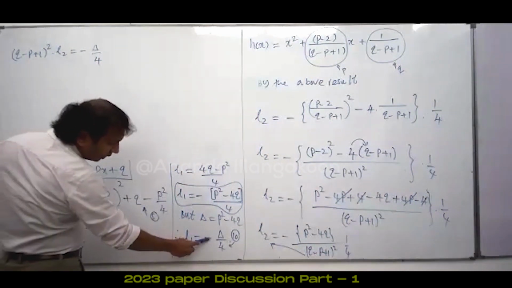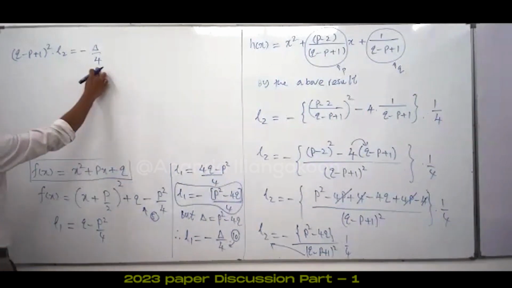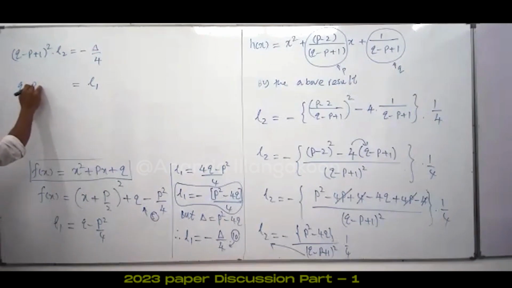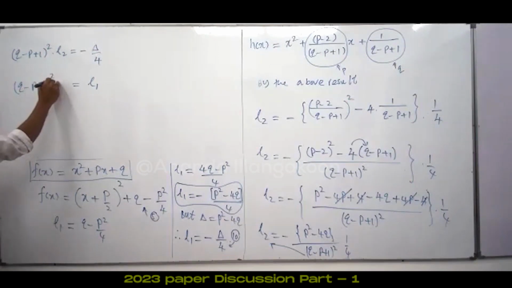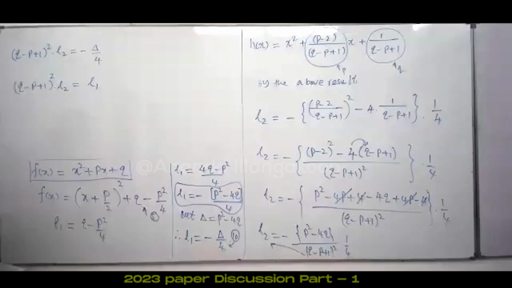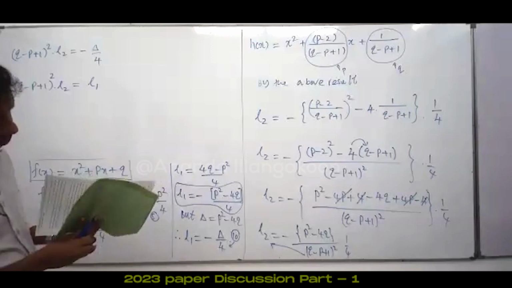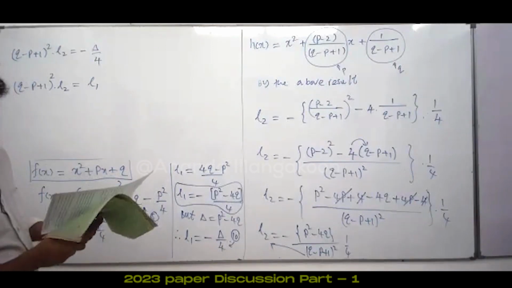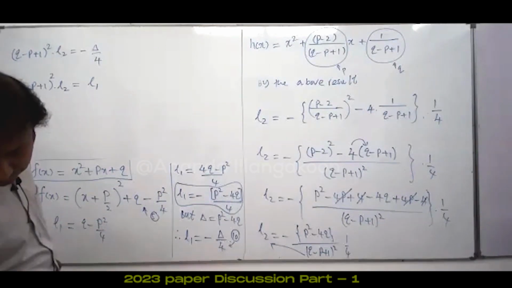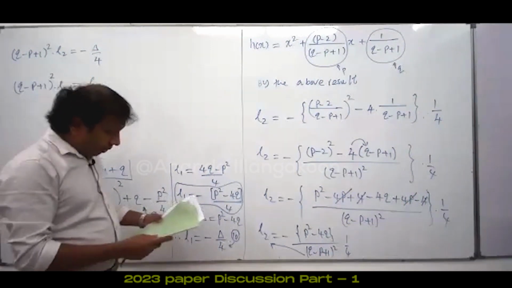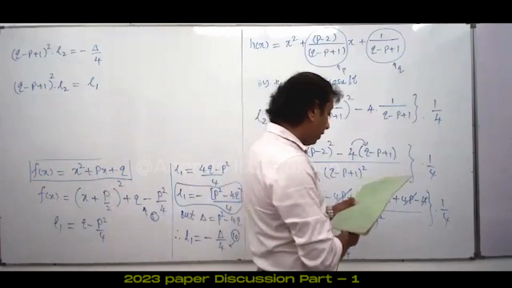But you know, minus delta by 4 is L1. Therefore, this is L1. Here we get like this. Correct, no? That also coming then. Okay. Then people, here the marks coming like this.